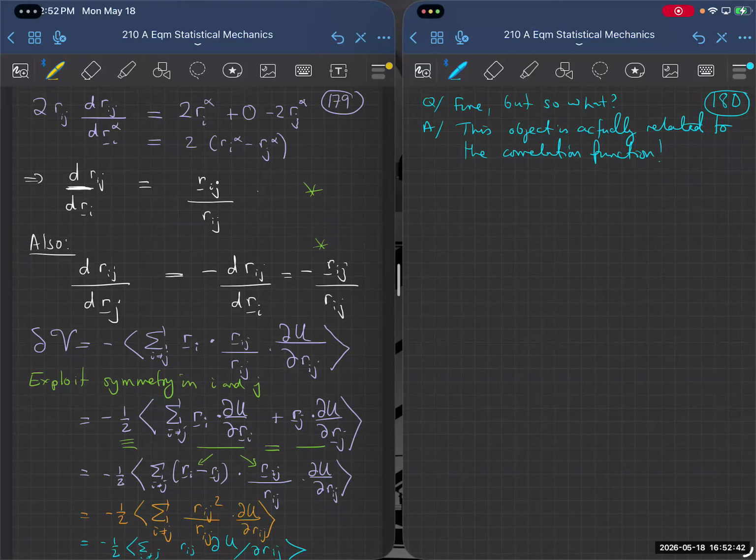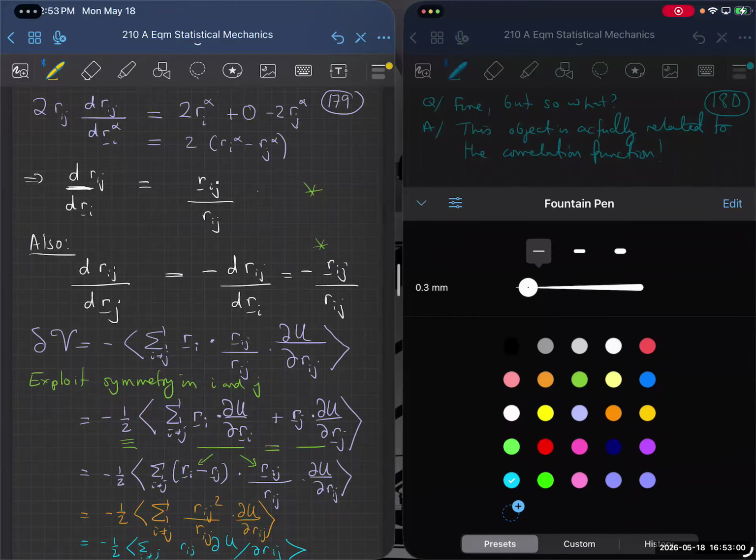So what I'm going to have to do now is show you that. I'm going to define what I mean by the correlation function, or in this particular case, the pair distribution function, and then show you how this object is related to that. So let's now talk about correlation functions.